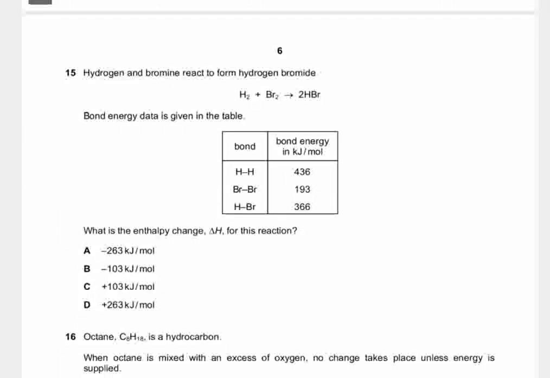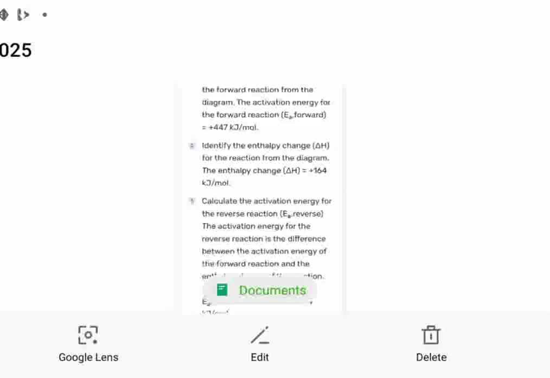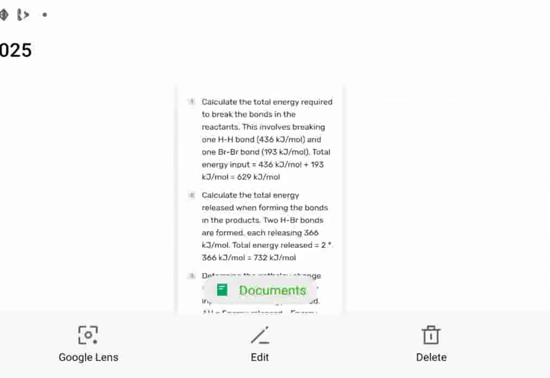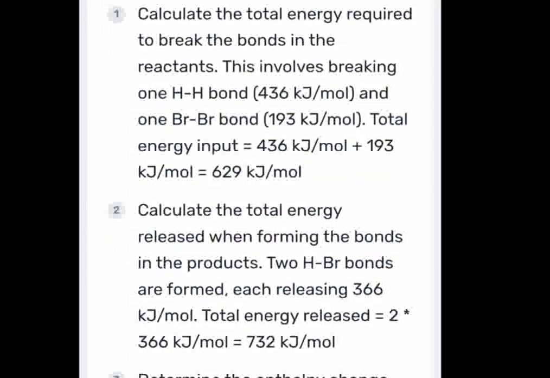Next question, hydrogen and bromine react together. The bond energies are given to you. You need to calculate the enthalpy change, and there we have the method to do it. Calculate the total energy required to break the bonds, and this involves the breaking of the hydrogen and bromine bonds.